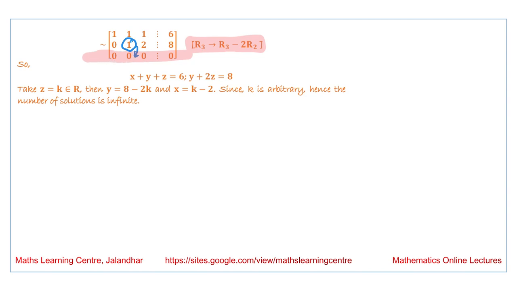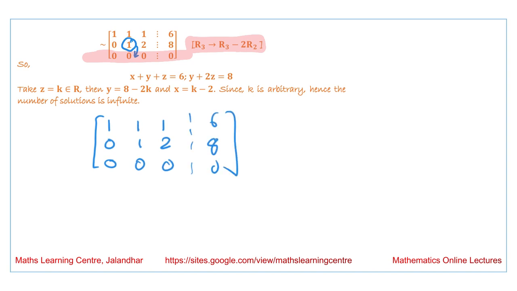So we obtain the matrix in the form 1 1 1, 0 1 2, 0 0 0, and this part we have is 6 8 0.